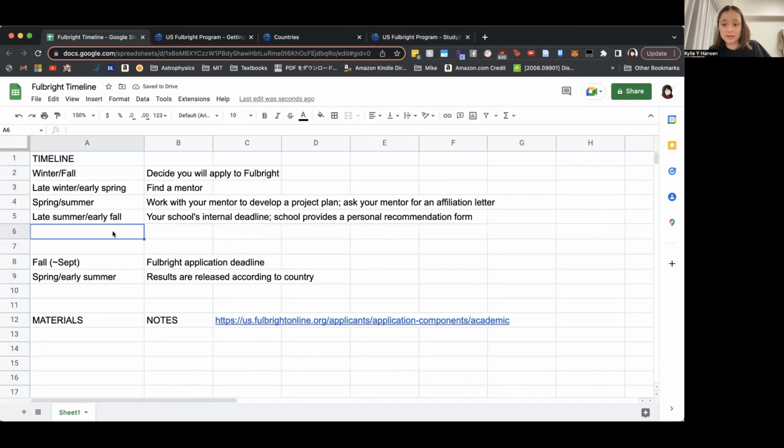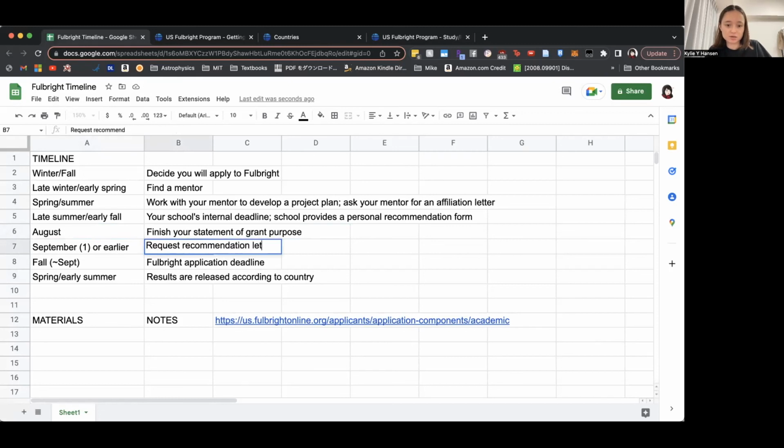So let's say in August, finish your statement of grant purpose, and then in September 1st-ish or earlier, request your recommendation letters.